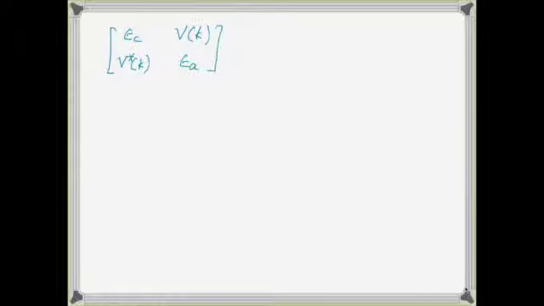Or maybe to use notation more close to what we've got, EC, I'll call it T of K. T is a function of K, where T is our generic notation for the off-diagonal coupling, but now it's some function of K. This will be the general form for your 2x2 Hamiltonian.